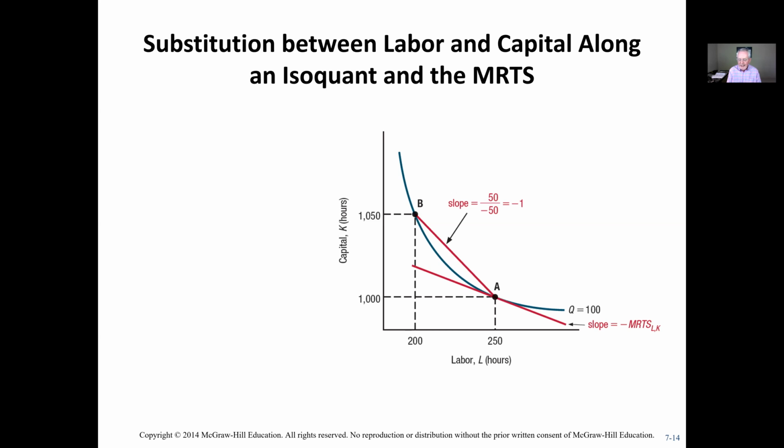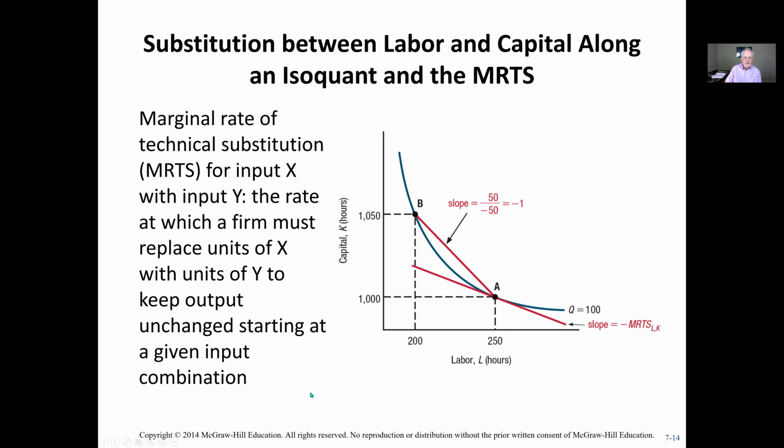Remember, it's delta K over delta L. And so we can substitute at the rate of 1/2 capitals per unit of labor, holding output constant. So the MRTS is the rate at which a firm must replace units of X with units of Y to keep output unchanged, or the rate at which the firm must replace units of Y with units of X to keep output unchanged. Delta K over delta L.